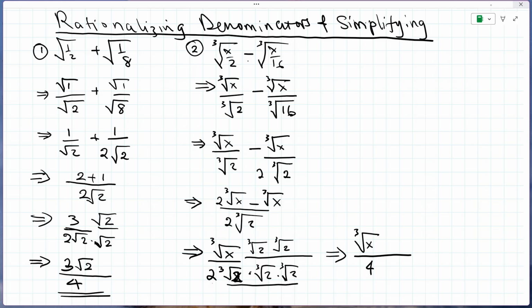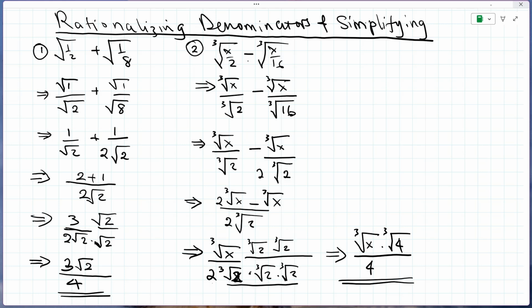Now at the top, we have cube root of x multiplied by cube root of 2 multiplied by cube root of 2. This is the same as saying multiply this by cube root of 4. And that becomes our final answer.